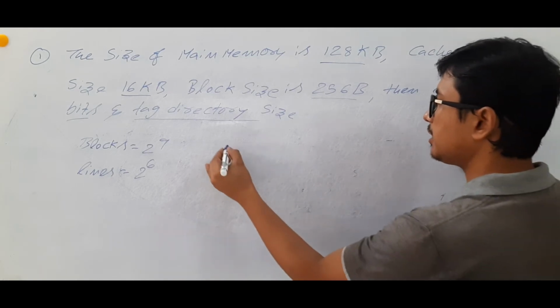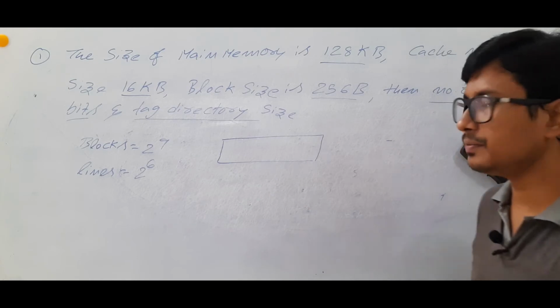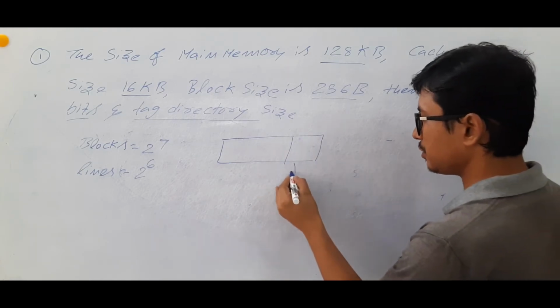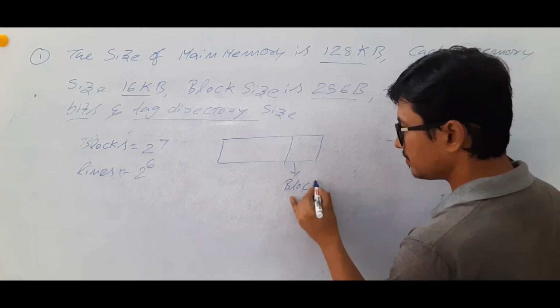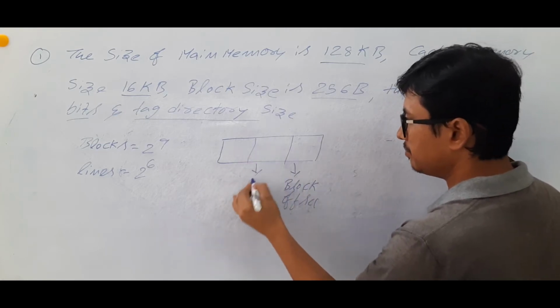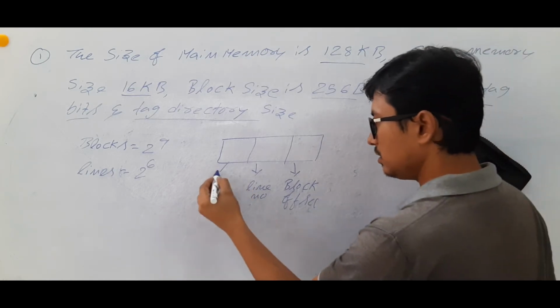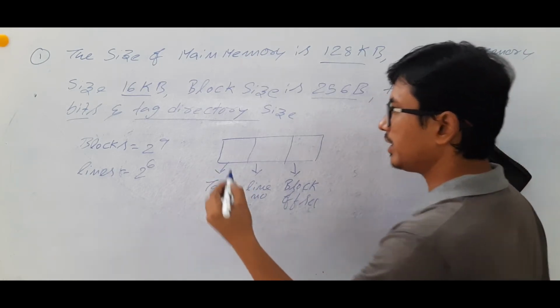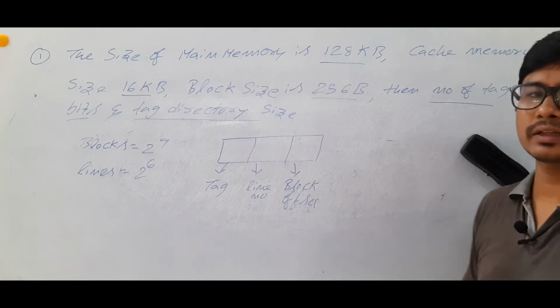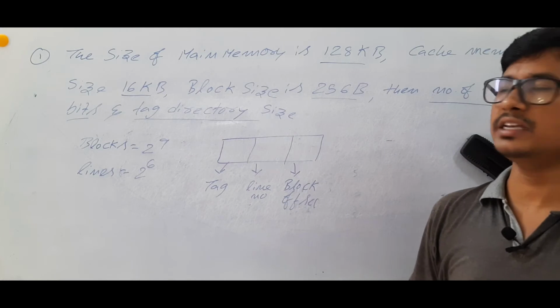If it is direct mapping, how is the address divided? The address is divided into block offset, then line number in the cache memory, and the tag. Now remember one thing: the size of the physical address depends on the size of the main memory.